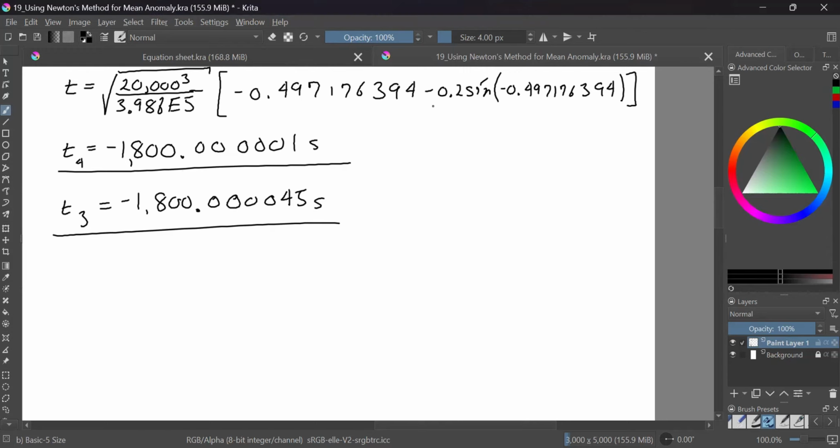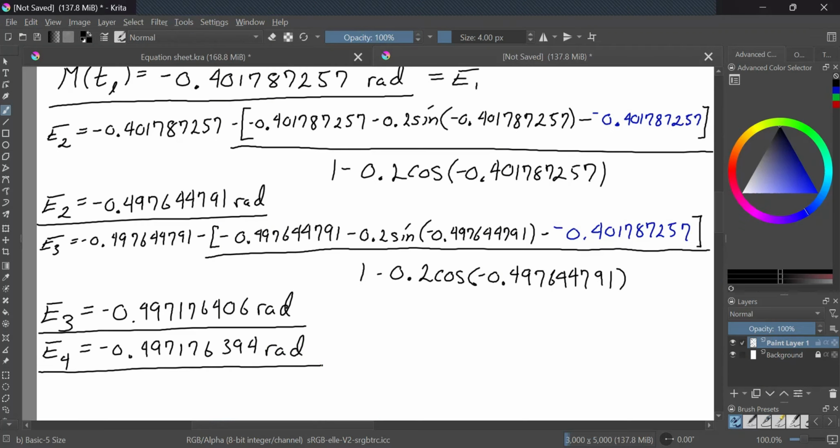So now that we have confirmed that, yes, the value that we converged on does get us to 1800 seconds, we know that we used this method correctly, and we can continue onwards. And when you get changes all the way out to here, like that, and actually it's not even out there, is it?